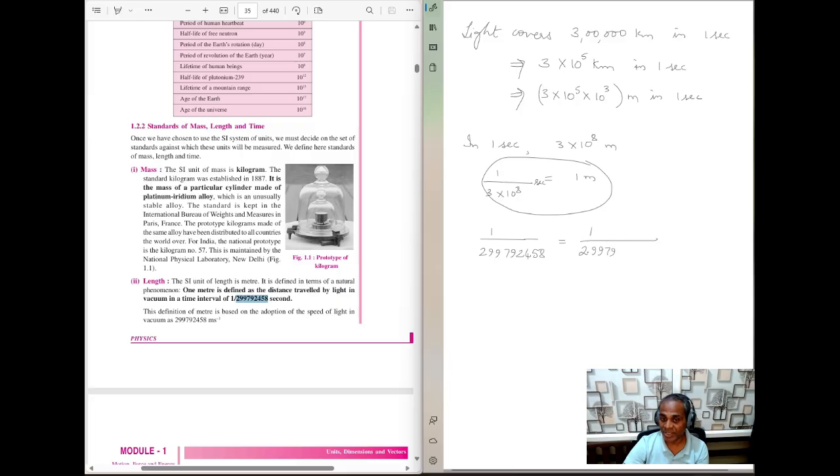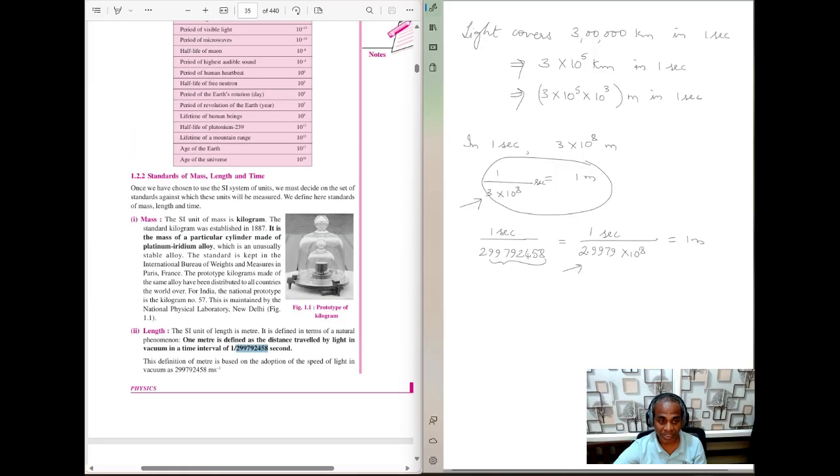If I put a decimal after 2, it means after that there are 8 digits, so it is 2.9979 into 10 raised to 8. This is an approximate figure, this is the actual figure. So 1 meter has been defined as this, as a standard.